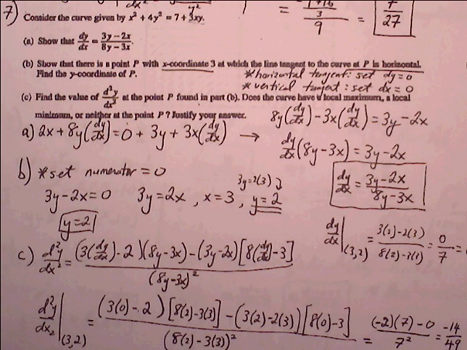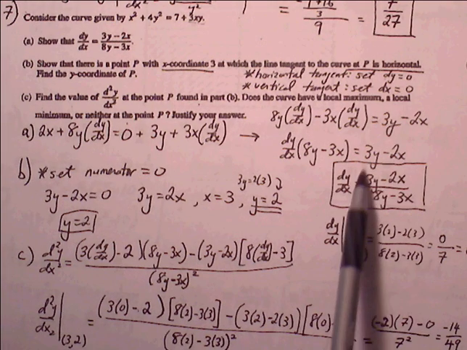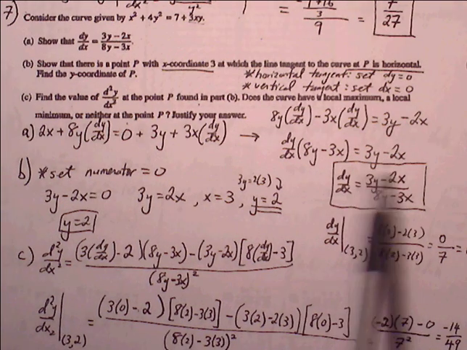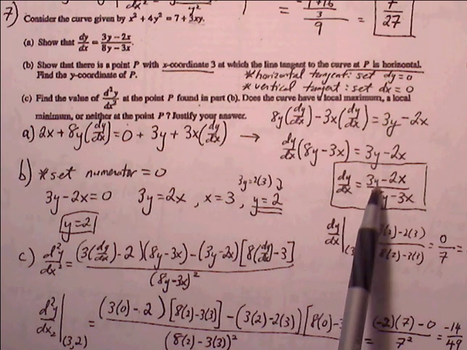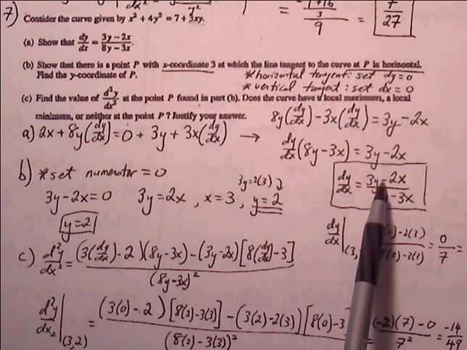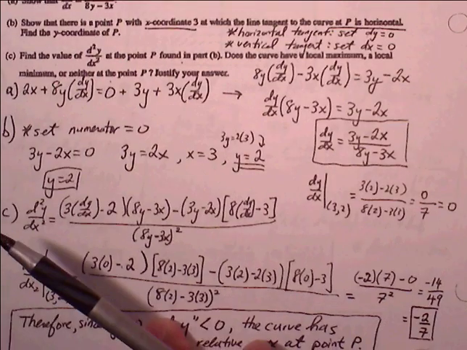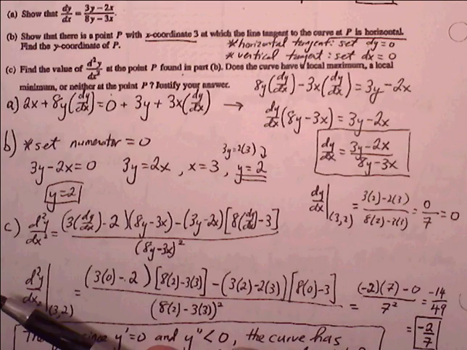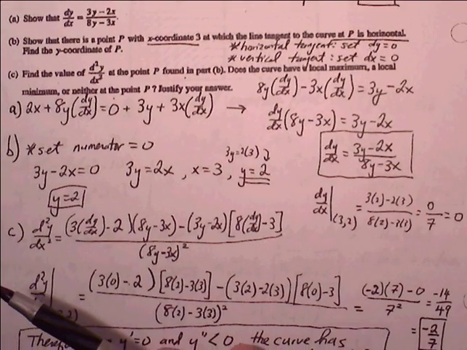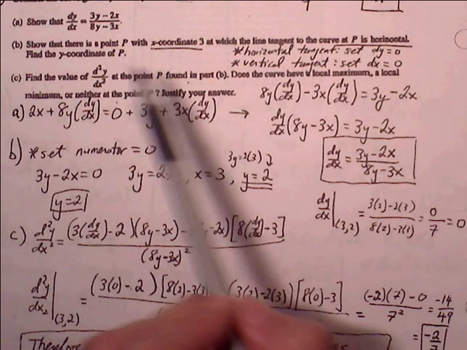So for part B, when y is 2, that causes the numerator of the derivative to be equal to 0, and therefore it's the location where the slope of the tangent line is horizontal, or 0.